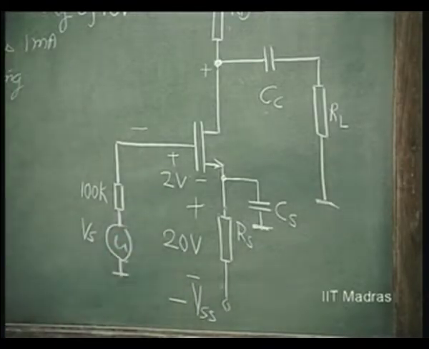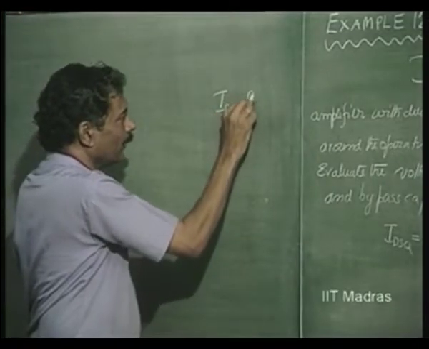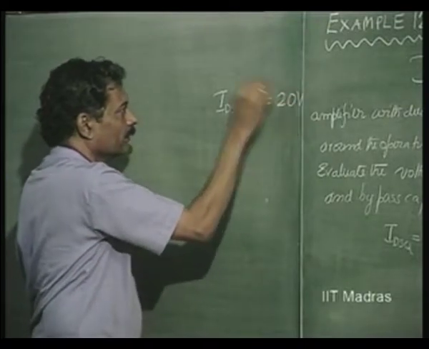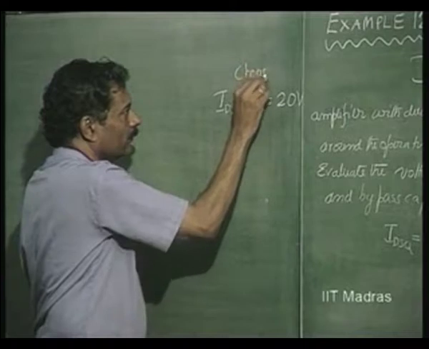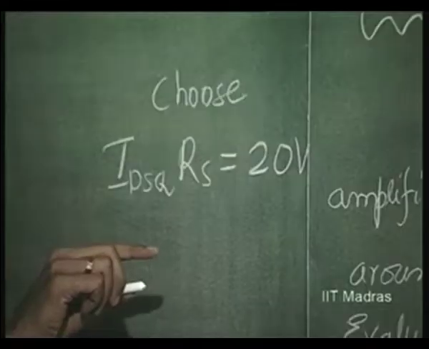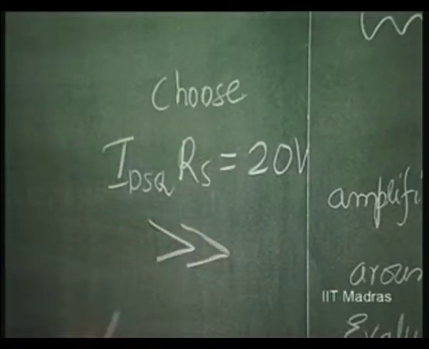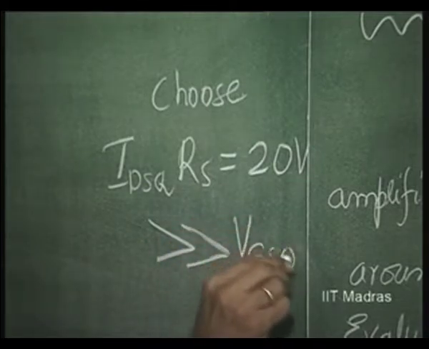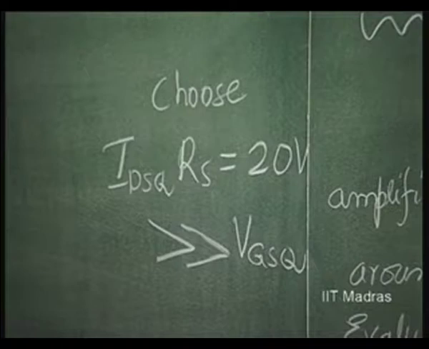So, IDSQ into RS is chosen as 20 volts. Okay. Why is it chosen as 20 volts? Which is much greater than this VGSQ. That is the idea. Okay.